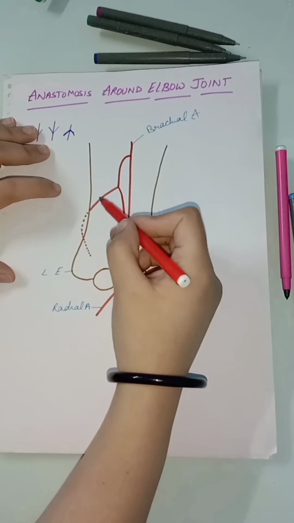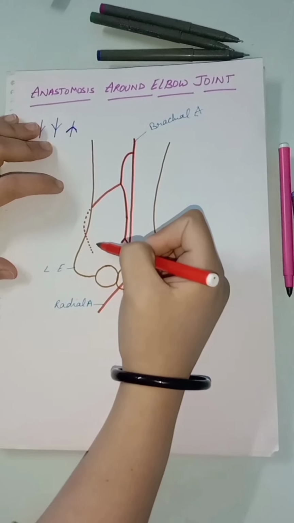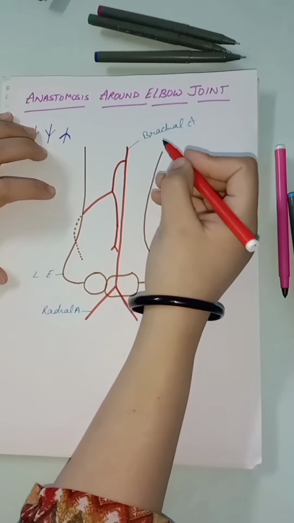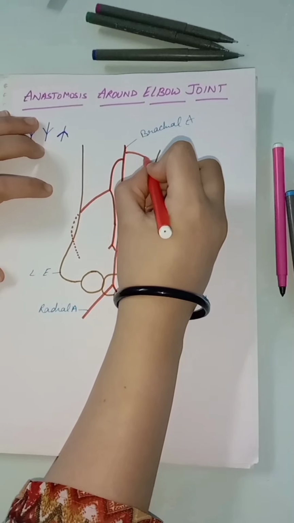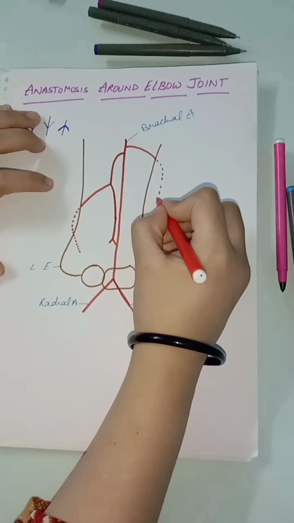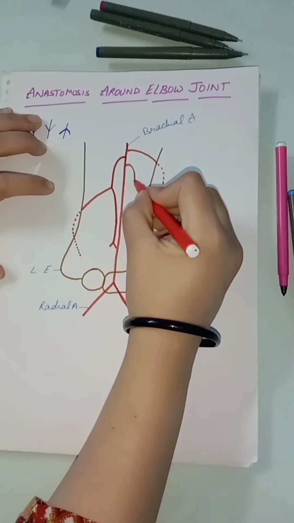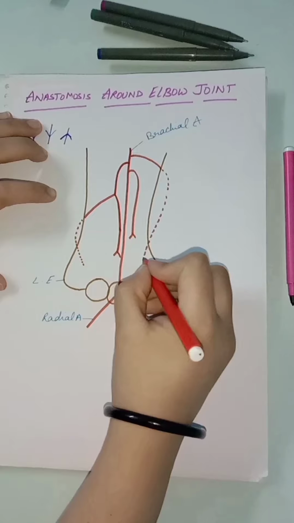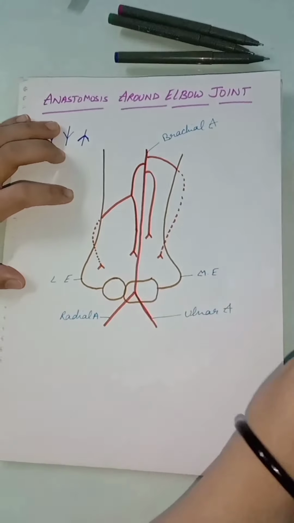I have drawn this one dotted because it is going behind. The brachial artery has two other branches. One is the superior ulnar collateral branch, which is going behind, and the inferior ulnar collateral branch. These all are the collateral branches because they run parallel to the brachial artery.